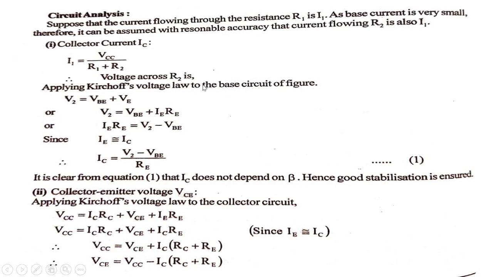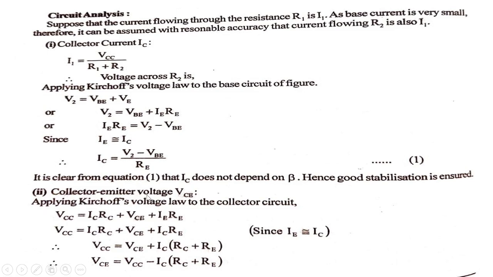Applying Kirchhoff's voltage law to the base circuit of the figure, V2 equals VBE plus VE, or V2 equals VBE plus IE RE, or IE RE equals V2 minus VBE. Since IE equals IC, therefore IC equals V2 minus VBE upon RE. It is clear from this equation that IC does not depend on beta. Hence, good stabilization is ensured.